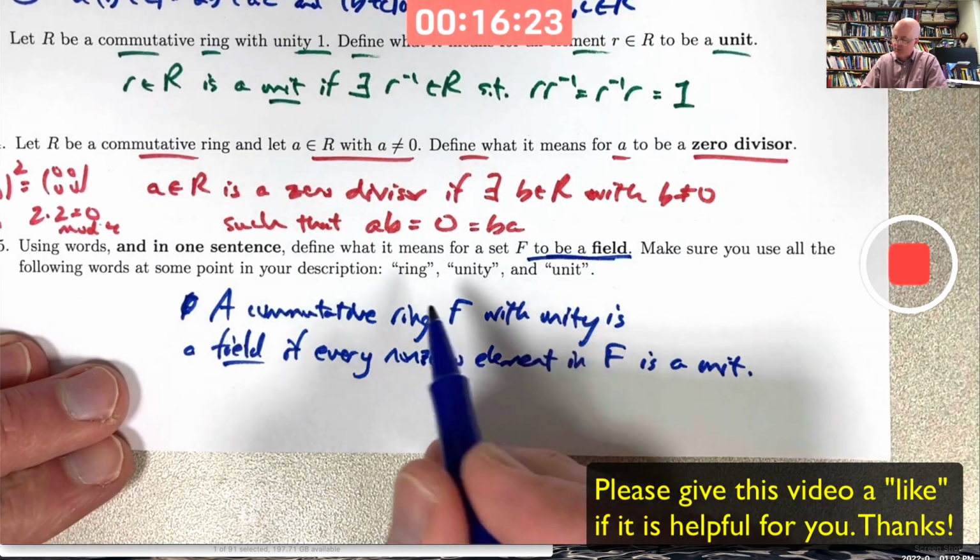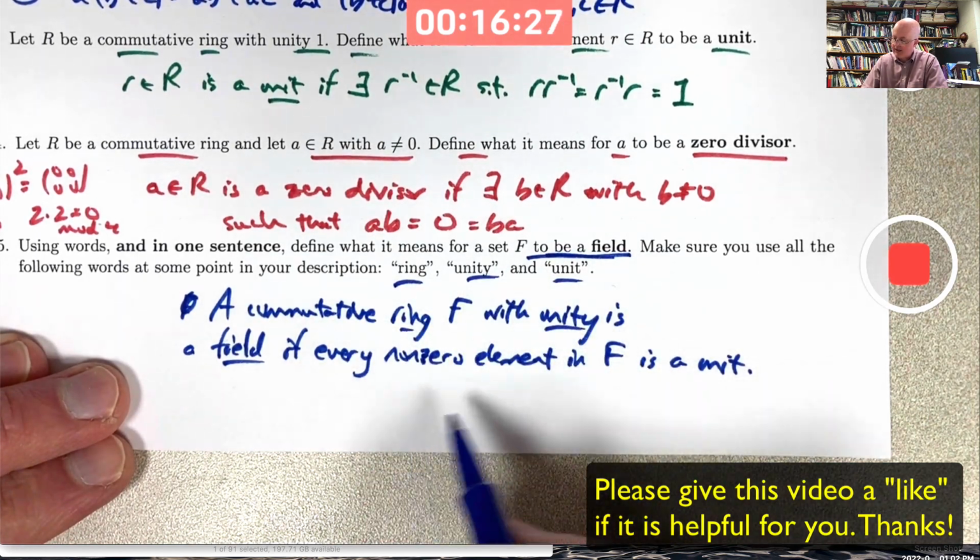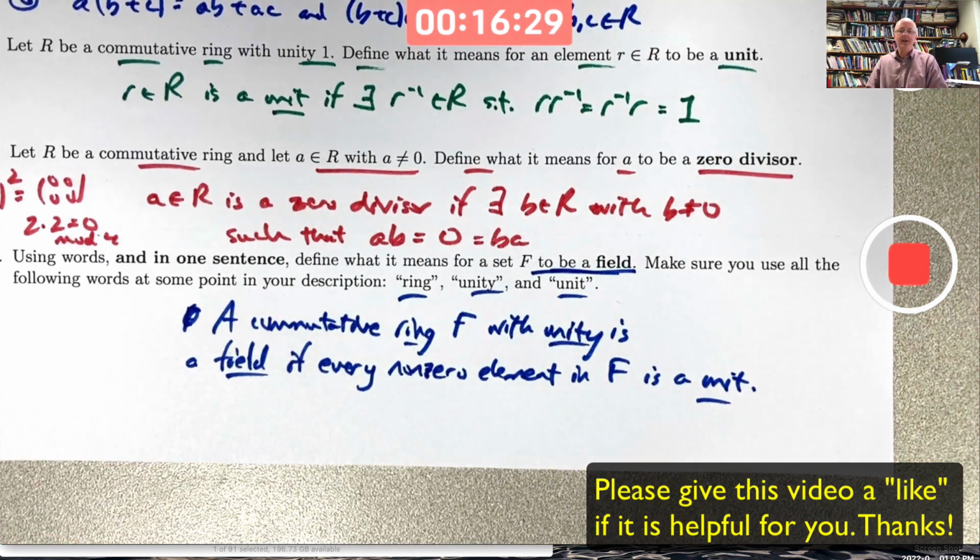I did use the word ring, unity, and unit in there. Ring, unity, and unit. Every non-zero element is a unit, has a multiplicative inverse.